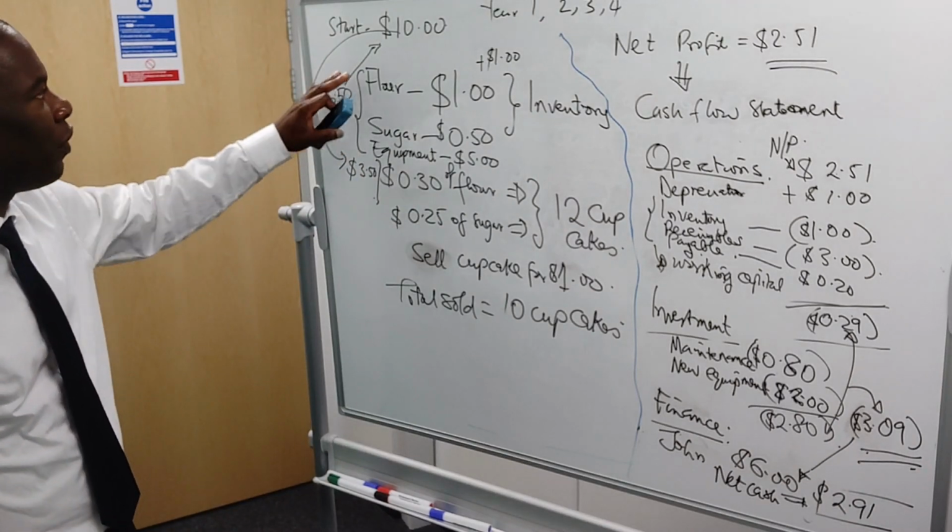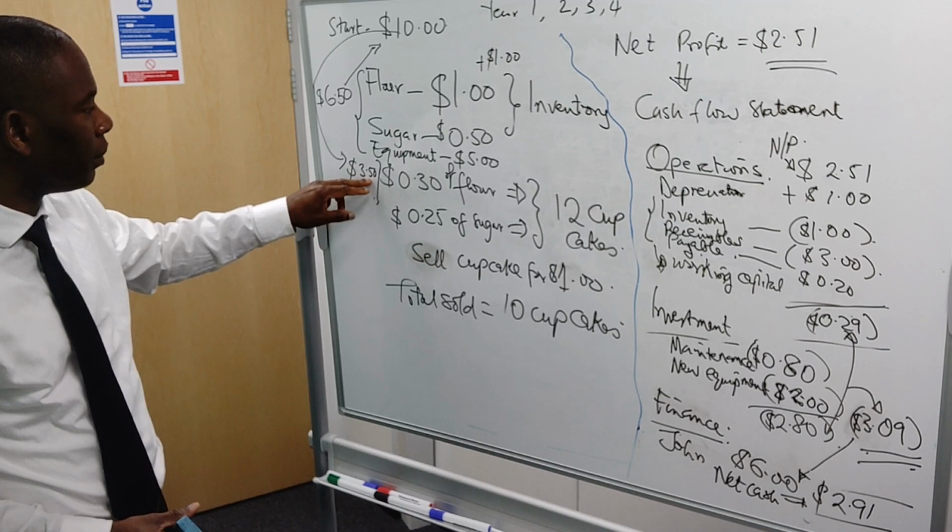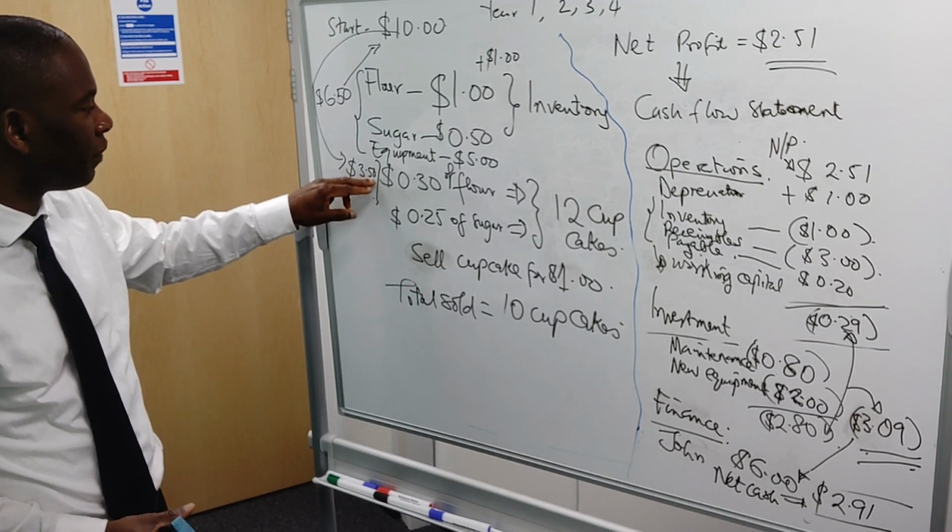So if you look at this, at the very beginning, we had a net cash of $3.50.